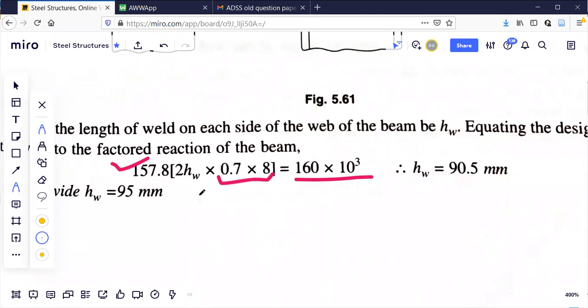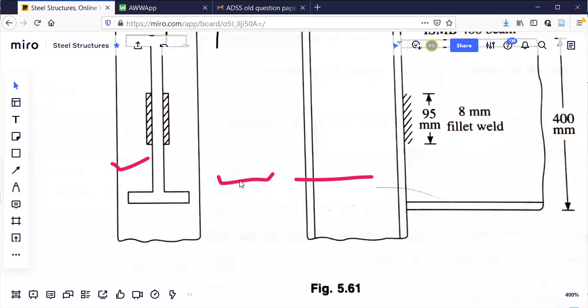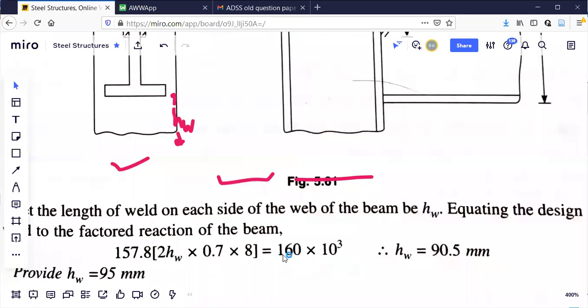Then HW. What is this HW? HW is the height of one weld on one side. This is HW here, this much. So this side HW, this side HW, 2 HW is shown here.